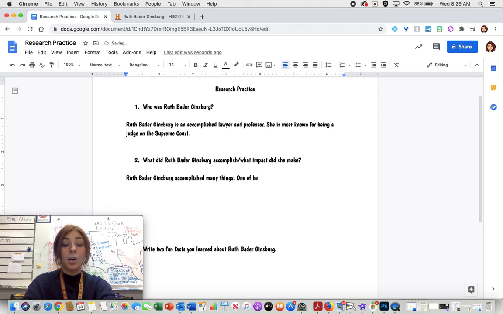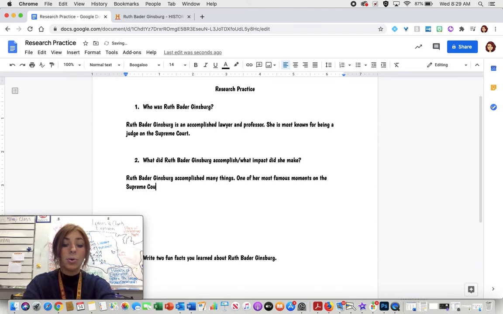One of her most famous accomplishments, or one of her most famous moments on the Supreme Court was when she dissented in the case of Bush versus Gore.